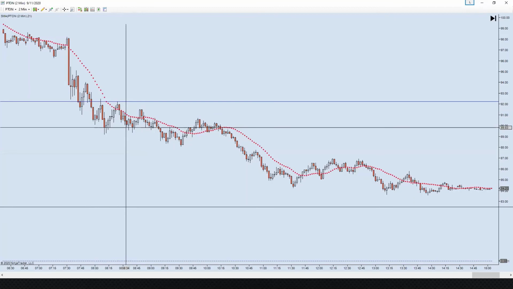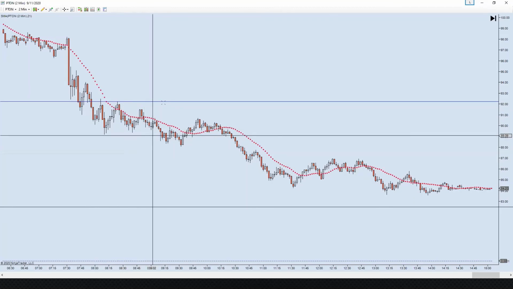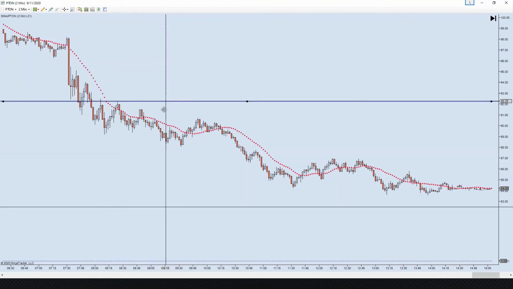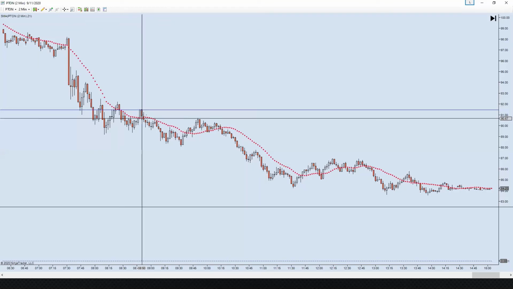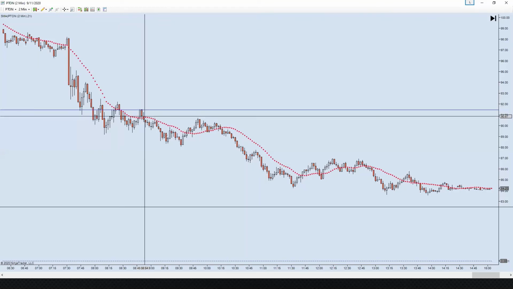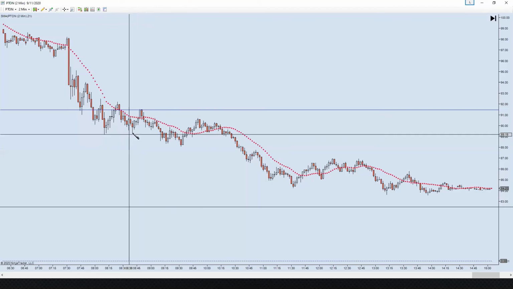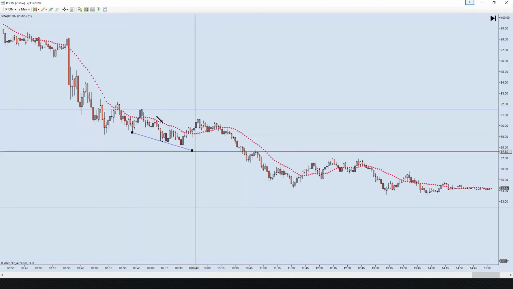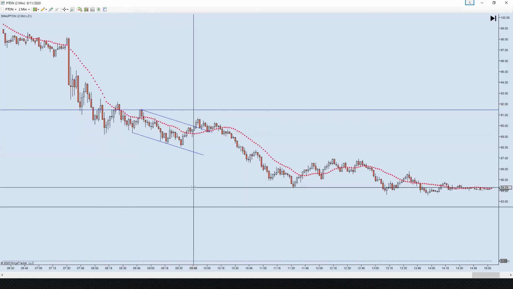Once again, it hit there, you can increase your position if you want, get back in here. But you can also always bring this one down. This price has gone above the 21 SMA, the moving average, and it dropped down. You can also apply your trend lines right here too. You say, let me take this bottom and connect it to this bottom and put it here. This could be my place where I exit on my position.